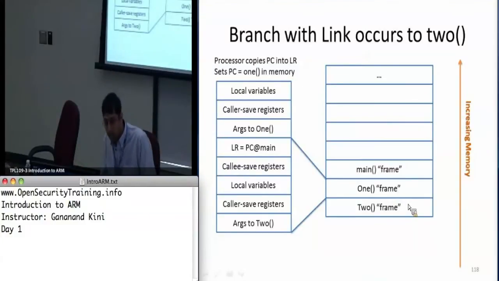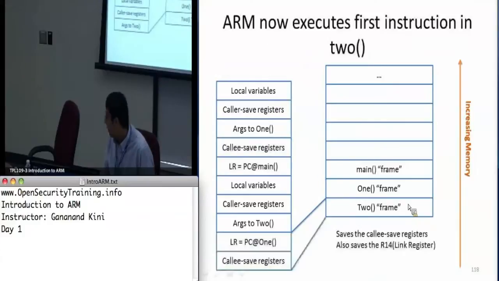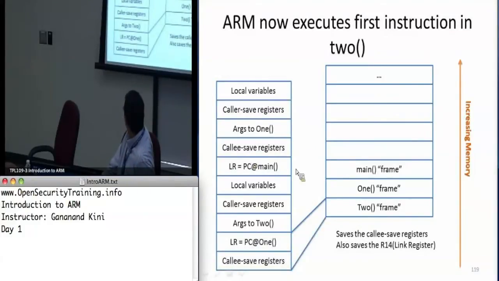And so these arguments to 2 are still on the stack. Now the frame gets updated. These arrows you can think of as defining the boundaries of the frame. Now the link register will contain the PC of 1, but on the stack you still have the link register for method 1, which points to main, right?